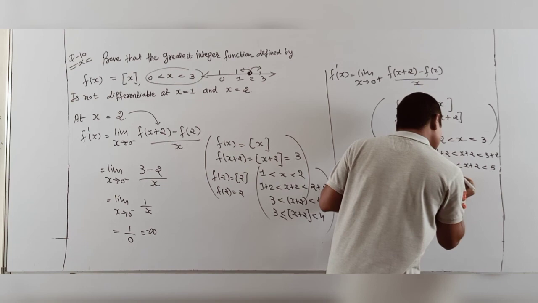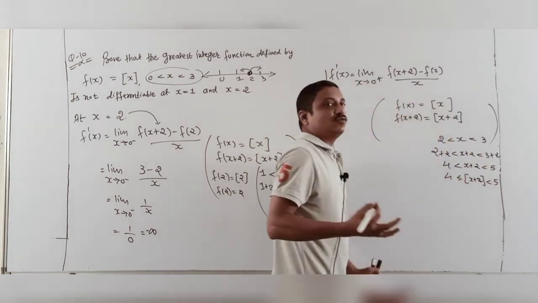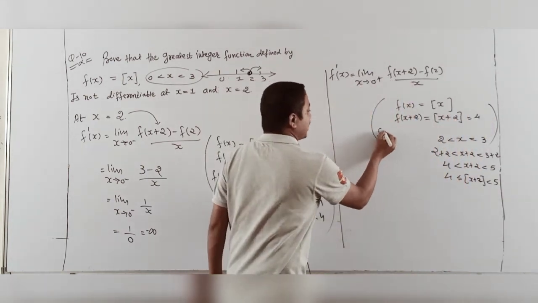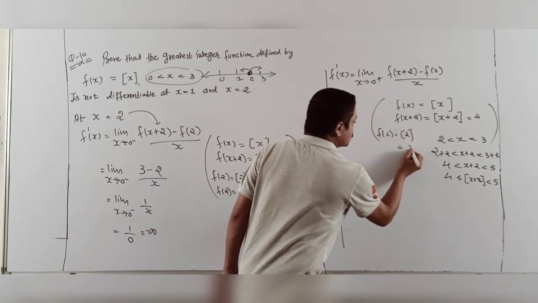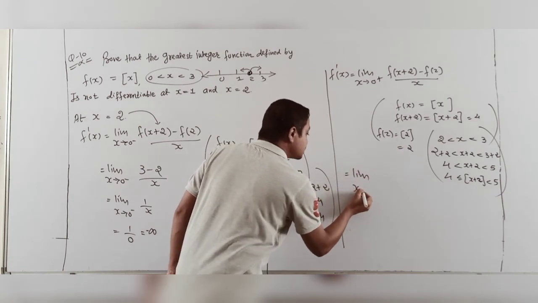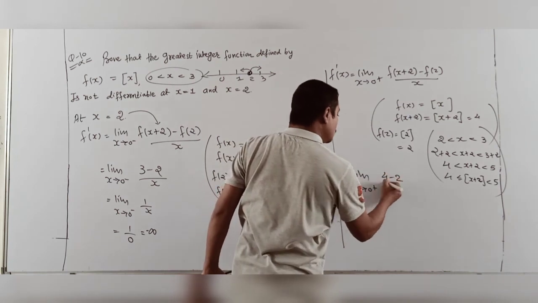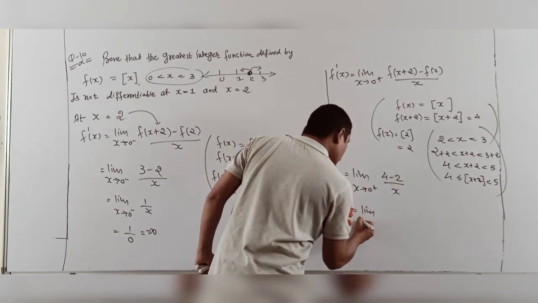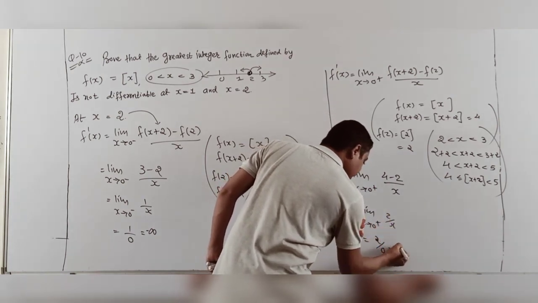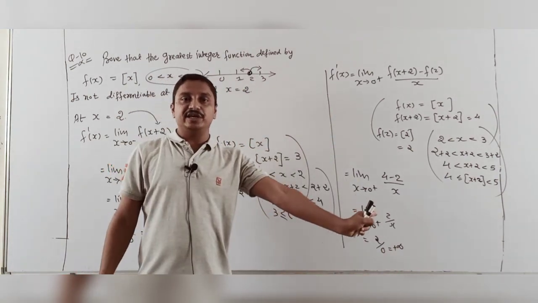So how much is it when the integer is applied? Yes, the integer is applied, then it is 4 at least. I just show you here the answer 4. And the same as f(2), integer of 2, it is the answer 2. So finally, students, I did this numerical, the limit as x tends to 0 positive. This answer is 4 minus 2 by x. This answer is also not defined, but on the positive side, students. 2 by 0 is infinity, and it shows plus infinity, just like negative infinity, positive infinity.